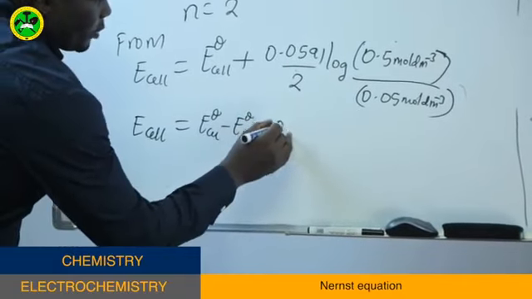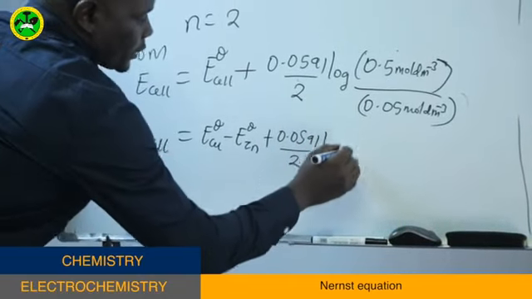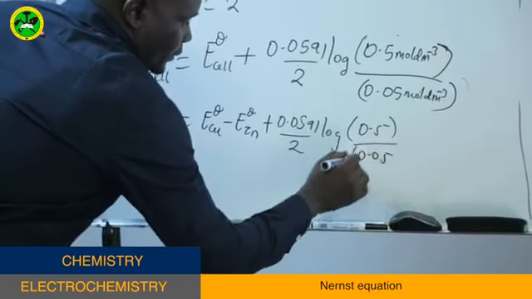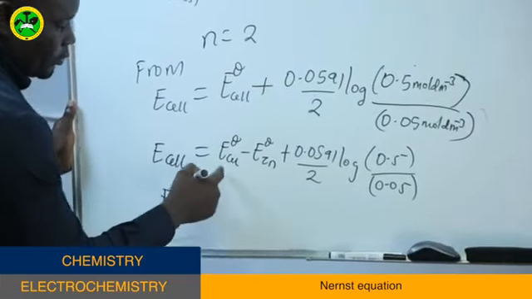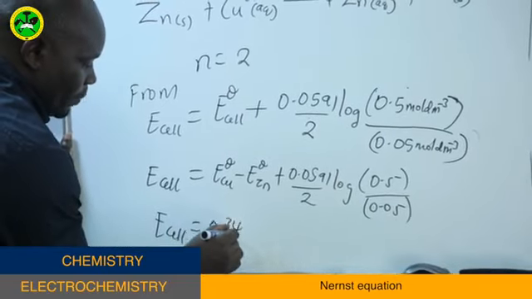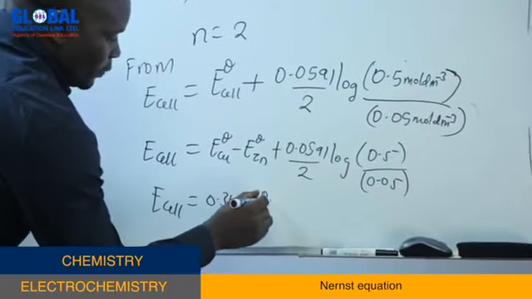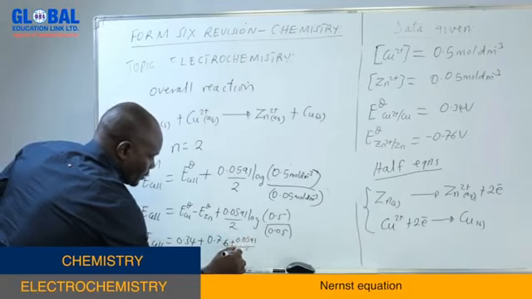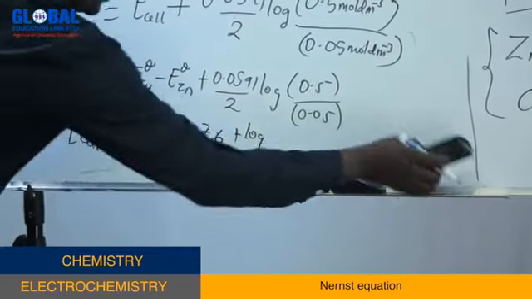Now the EMF of the cell will be equal to the standard electrode potential of copper, which is 0.34, plus the standard electrode potential of zinc, which is 0.76. It is plus because it was supposed to be minus, then plus 0.0591 over 2, then the log of 0.5 over 0.05.